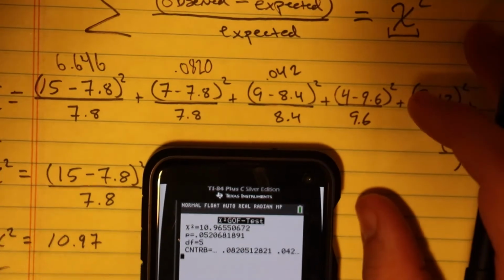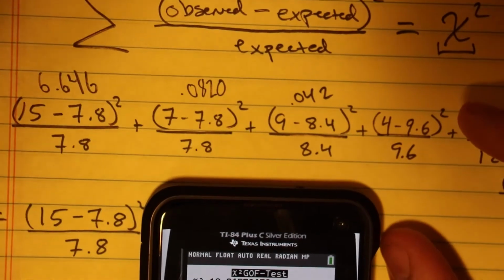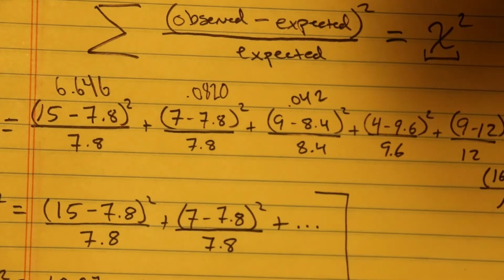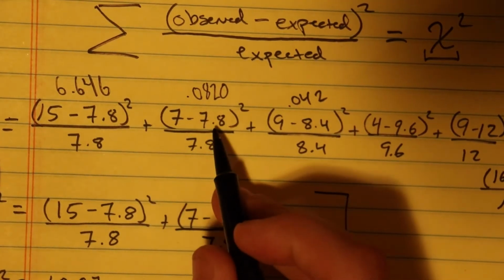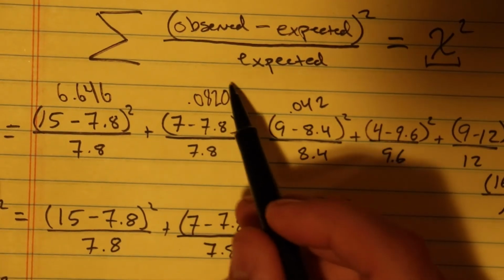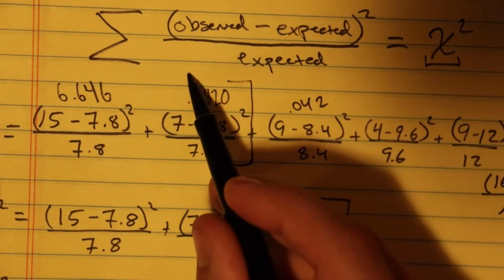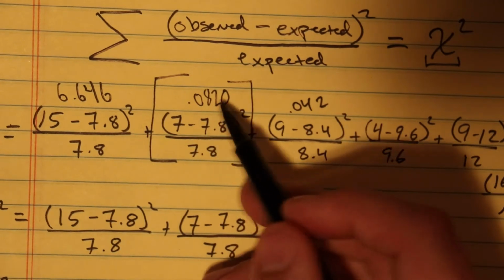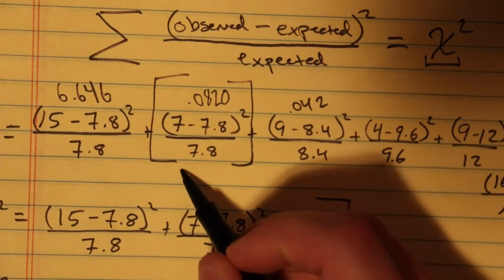So what the contribution tells you is which category is increasing your chi-squared the most. So for example, if your observed minus expected is close to 0, then that means that this is fitting pretty well. So this has a low contribution. If it was a perfect match, this would be 0. So we say that this has a low contribution.